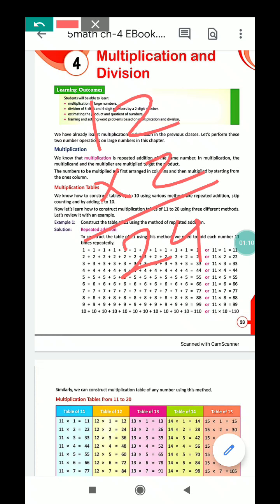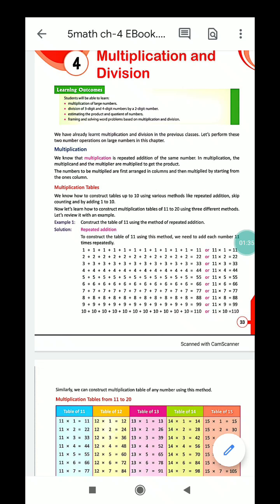That is 24. We have already done this in class 2, 3, 4. So here this one is the multiplier, this one is the multiplicand and this is the product. Understood? This is the multiplicand, this one is the multiplier and this one is the product.